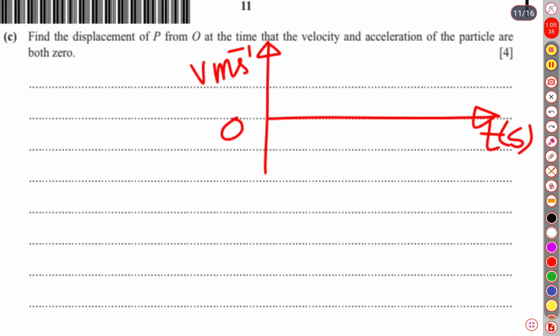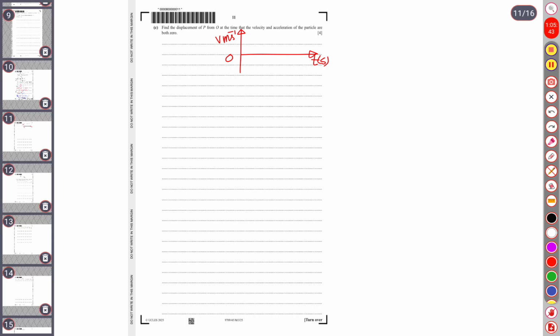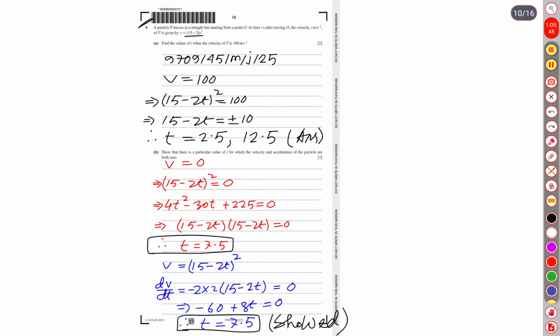Well, our expression was what for v? Our expression was this. That's why I told that this is necessary. Look, this was our expression. This one, look, this is now necessary. So it is just a quadratic graph.